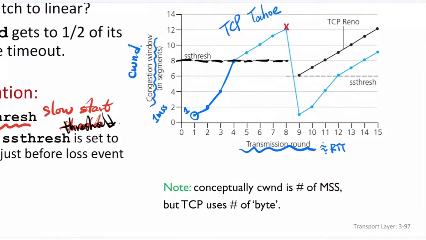Think about one thing: you cannot increase the congestion window to a very, very high value, because that indicates you have a very high number of in-flight packets and a very high TCP sending rate. So it is not possible to increase this value unlimitedly. In the slow start mechanism, there is a slow start threshold, which for example right here is 8 maximum segment size.